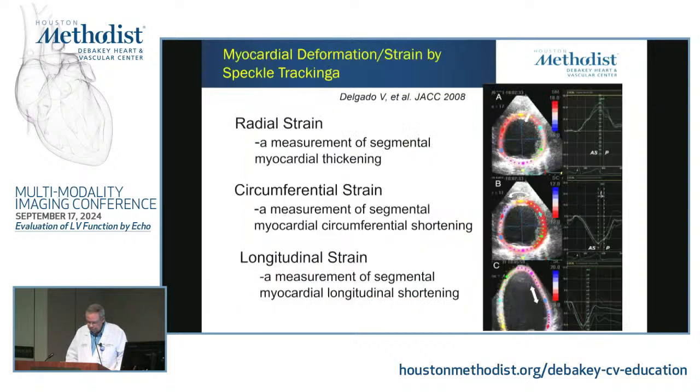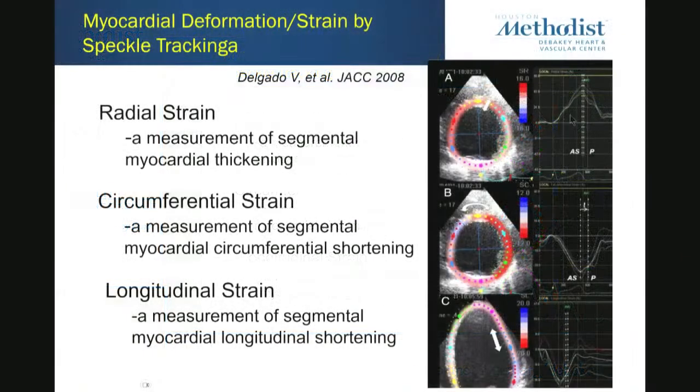So we have three strains: radial strain, which is strain along the thickness of that wall. So basically, it's looking at the percent thickening of areas within that myocardium, and therefore it is a positive curve.